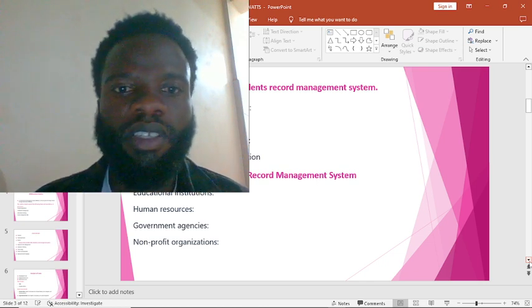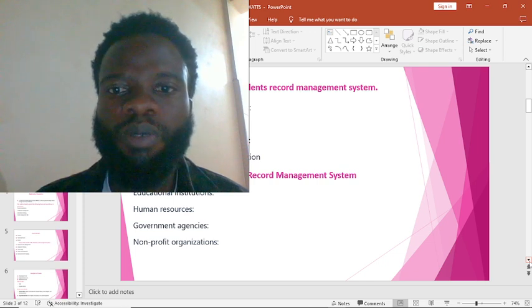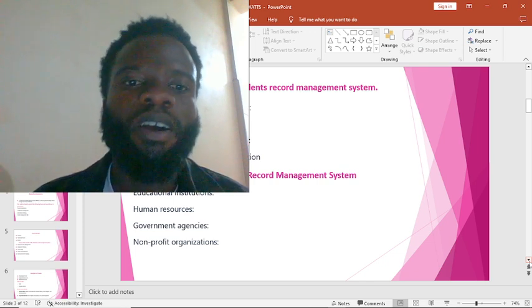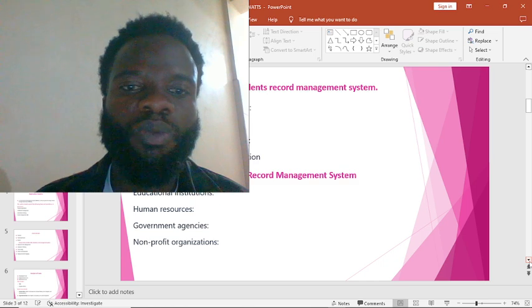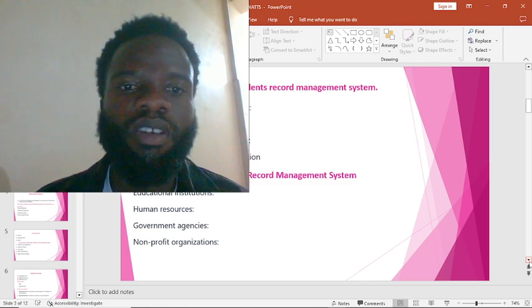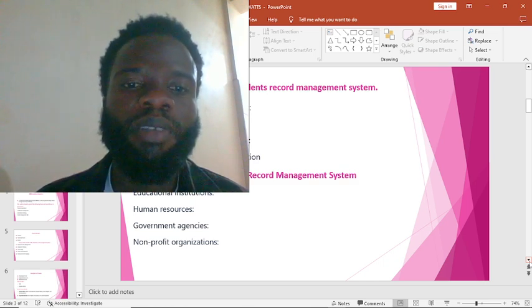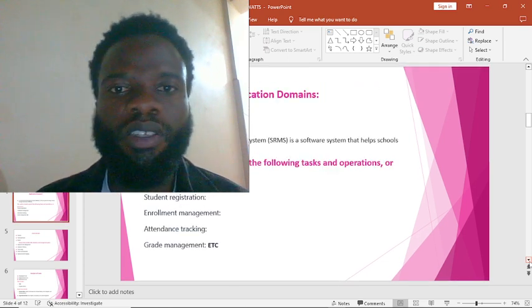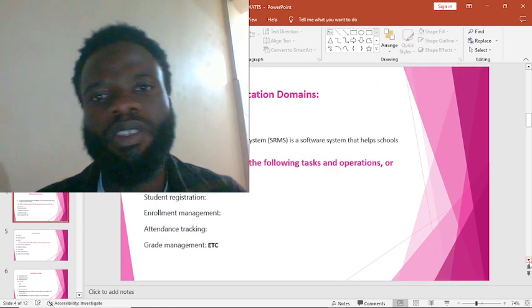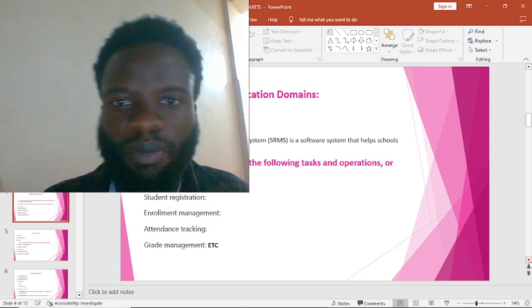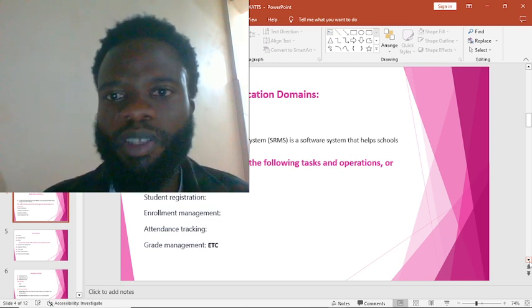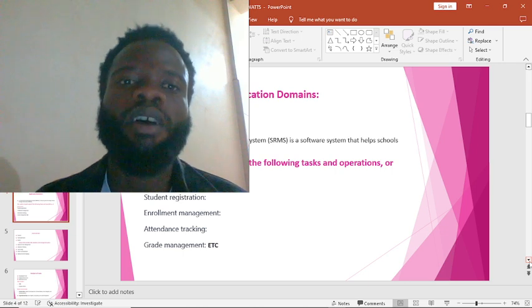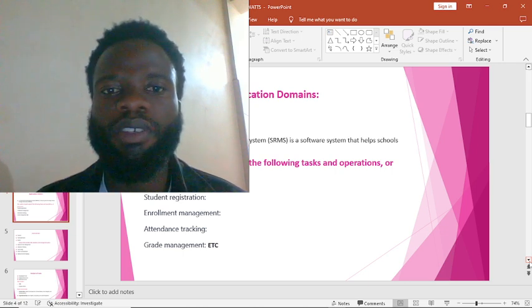And the business cases of the students' record management systems are educational institutions, human resources management, government agencies, and non-profit agencies. The application domain of these systems is a software system that helps students manage their records efficiently.